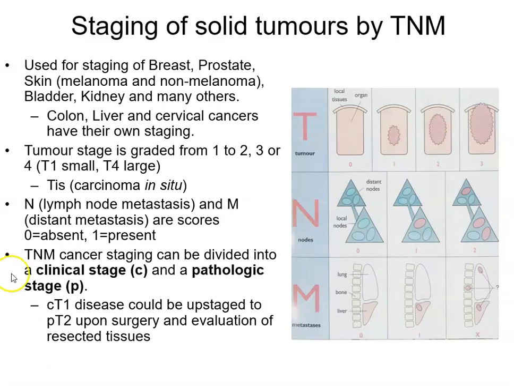So basically what can happen is tumours can be upstaged during surgery. So they go in low stage and then we find out more information, and the patients are then sometimes upstaged.